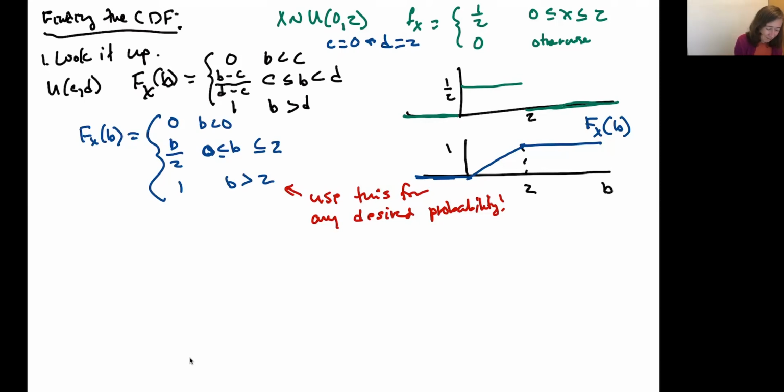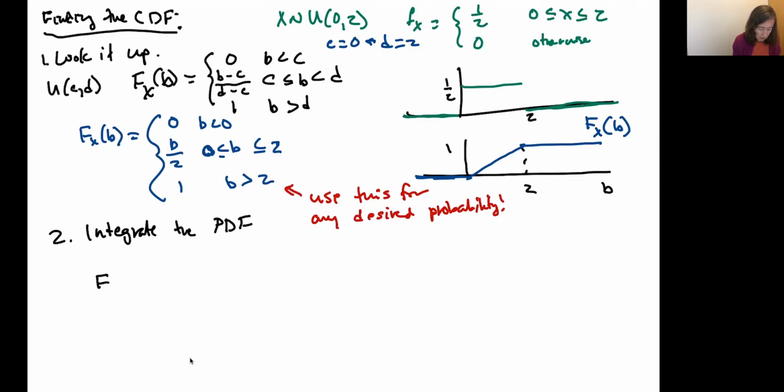Let's see if I can avoid that with the second method here. Okay, so the second method, again, is to integrate the PDF. And this also is just going to look almost exactly like what we did before when we were looking for a specific probability. Now we're just looking for the formula that will give us any specific probability that we want. Okay, so we get the CDF by integrating the PDF.